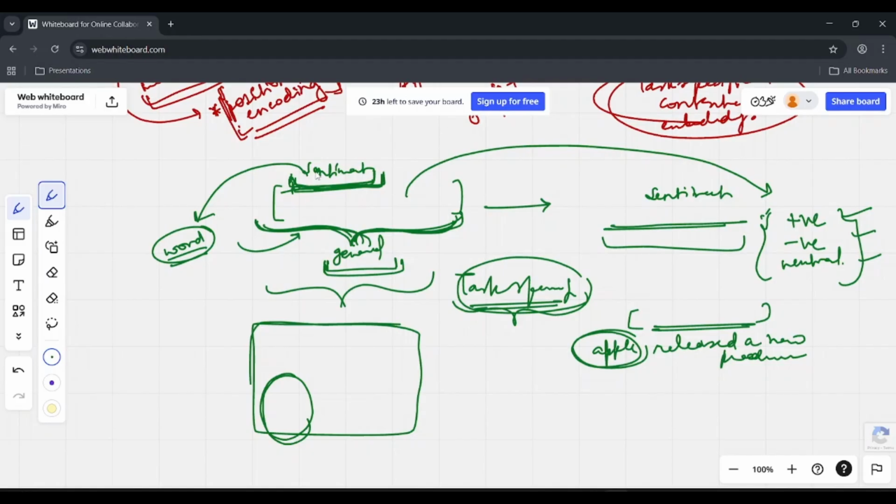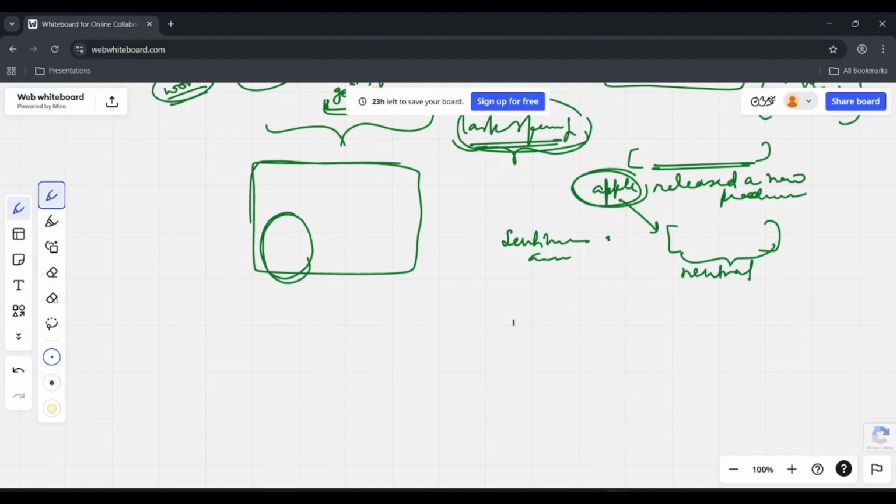Let's say I am doing sentiment analysis, then the embedding that I will get from here will speak out that the sentiment of this word is neutral. Similarly, let's say I am doing named entity recognition, then the embedding of Apple should speak out that this is an organization.